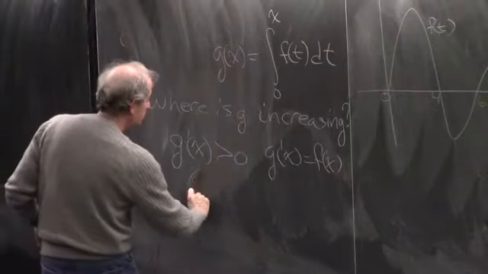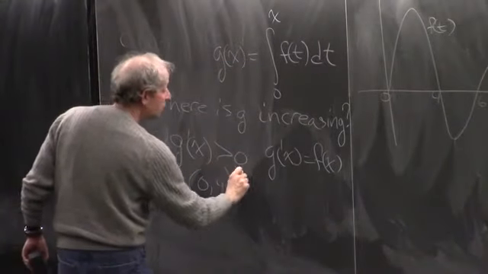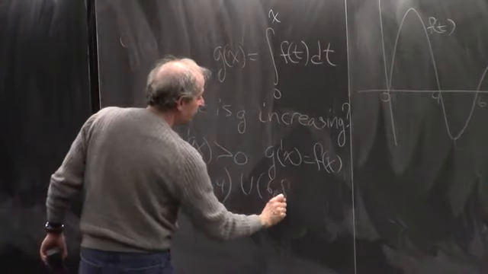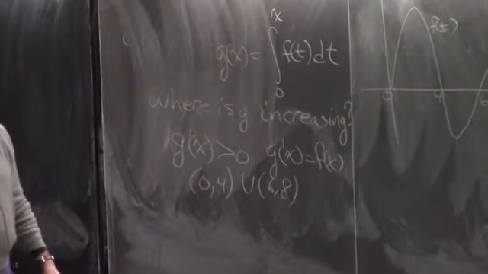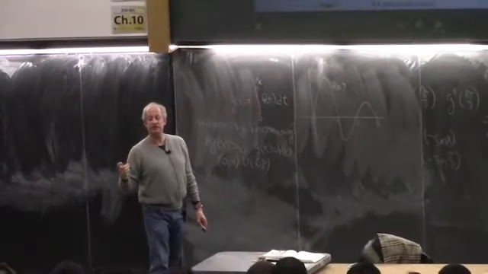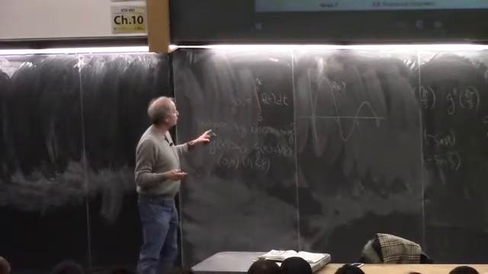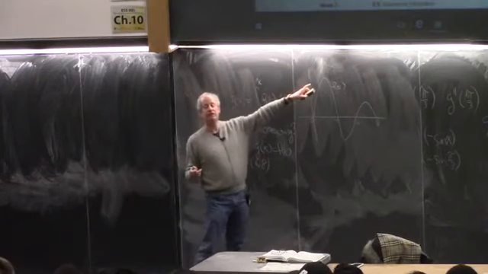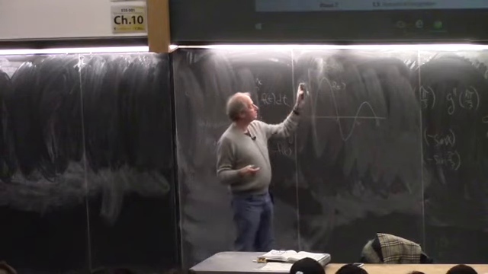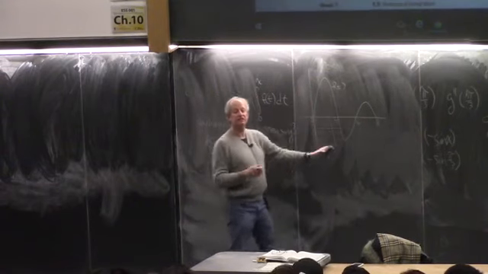So that would be 0 to 4, and 6 to 8. Does that make sense? I want to know where g is increasing. To know that, I need to know where g prime is positive. Well, g prime is just f. So f is positive between 0 and 4, and between 6 and 8.